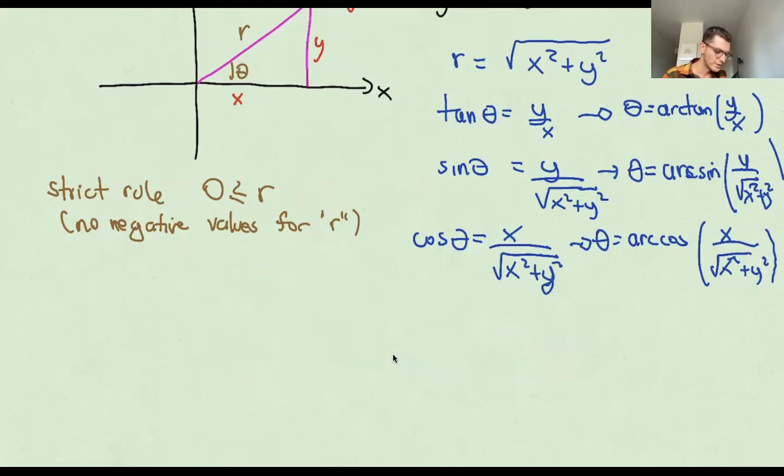Sure. So as I was saying, a strict rule for us will be that r is non-negative, and then a more flexible rule will be that theta takes values between 0 and 2 pi.